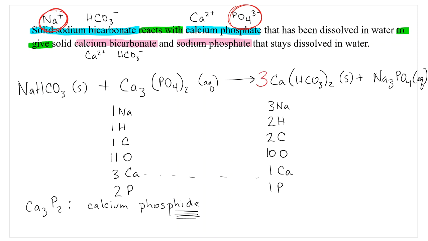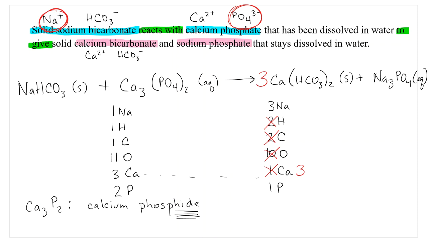3. Remember, that's going to change the atom inventory of calcium, hydrogen, carbon, and oxygen. Everything that comes after that coefficient now has to have a new atom inventory taken. So we wanted there to be 3 calcium. Check, we got that.